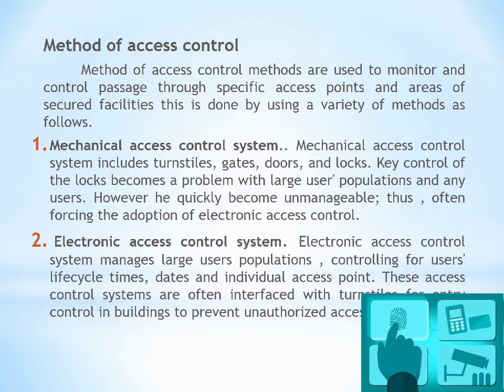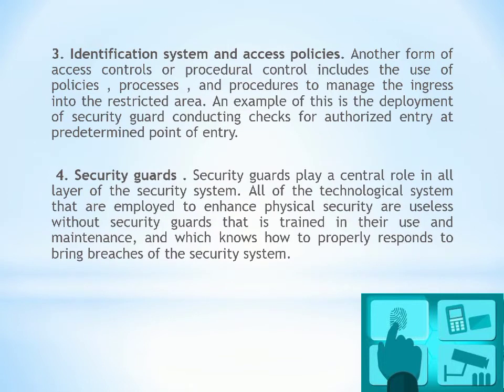And the third one is identification system. This method of access control uses identification of employees or users in a procedural way of policies. This method ay isa sa mga way or form ng pag-control in accessing or procedural control.